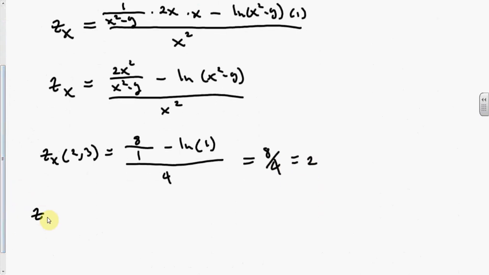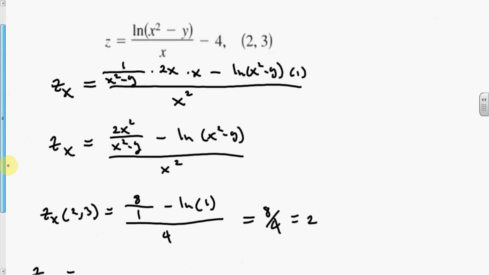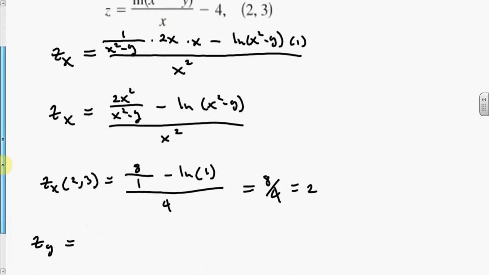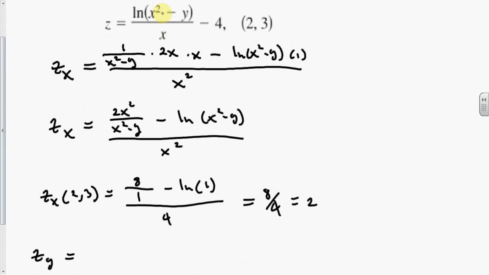Now you have to find the partial of z with respect to y. It's a little bit better. Since it's just the derivative with respect to y, we don't use the quotient rule. x here is just a coefficient. But since y is within the natural log, I still have to deal with that.